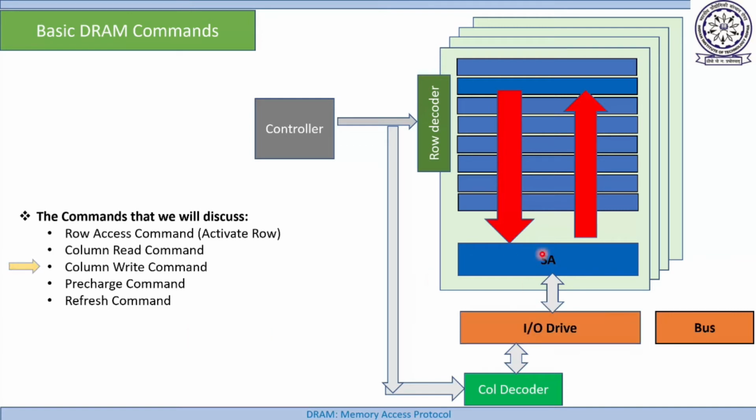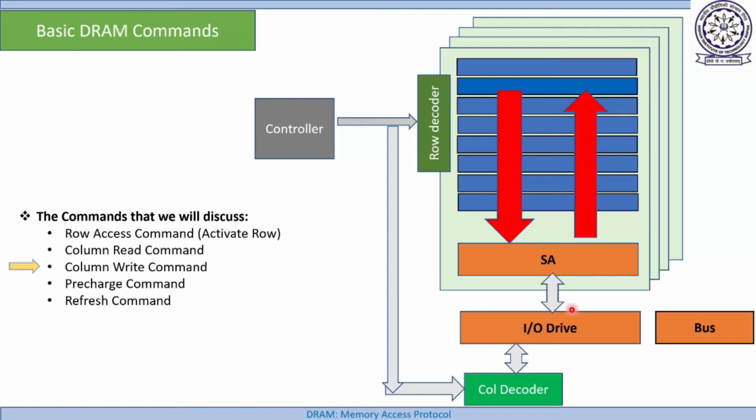This is the data of a particular column, and which particular column's data, that column address is already sent. So now this new data will be available in the sense amplifier. And as I said in my first class, if you want to write something, for example, if you want to write 1 to the DRAM cell, then somehow you have to convert this sense amplifier to stable state 1.